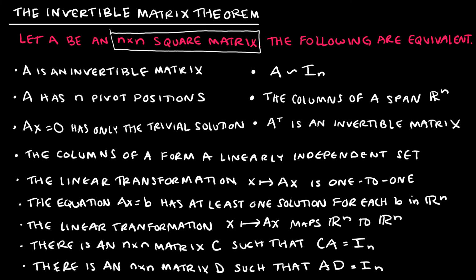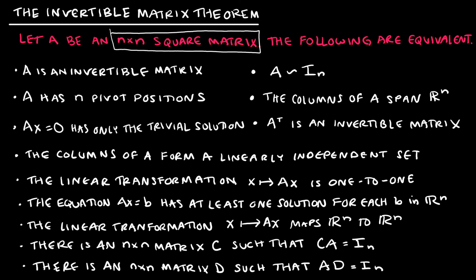A is invertible, A row reduces to the identity matrix, A has n pivot positions, the columns of A span Rn, Ax equals 0 has only the trivial solution, the transpose of A is an invertible matrix, the columns of A form a linearly independent set, the linear transformation that maps x to Ax is 1 to 1, the equation Ax equals b has at least one solution for each b in Rn.